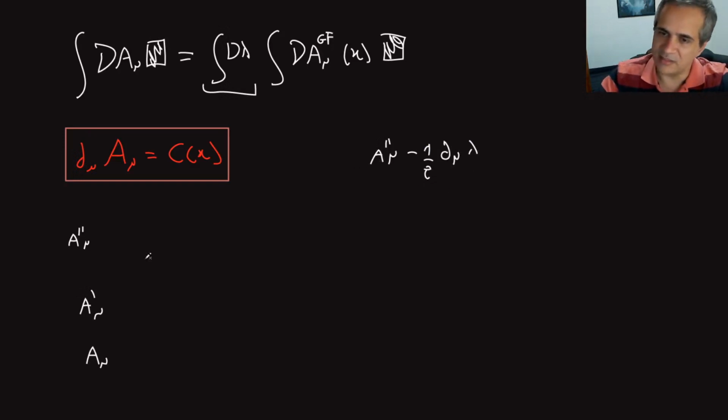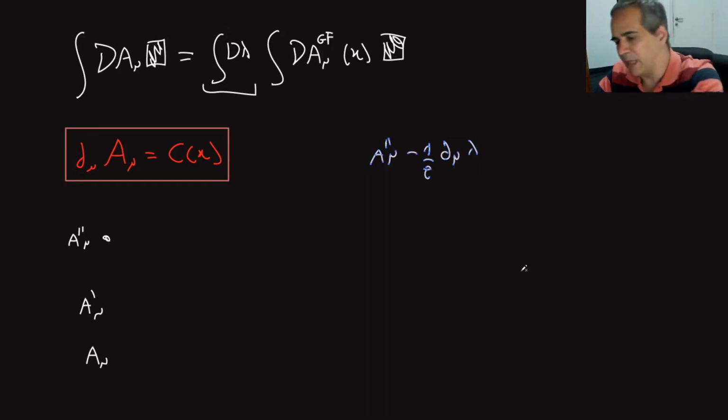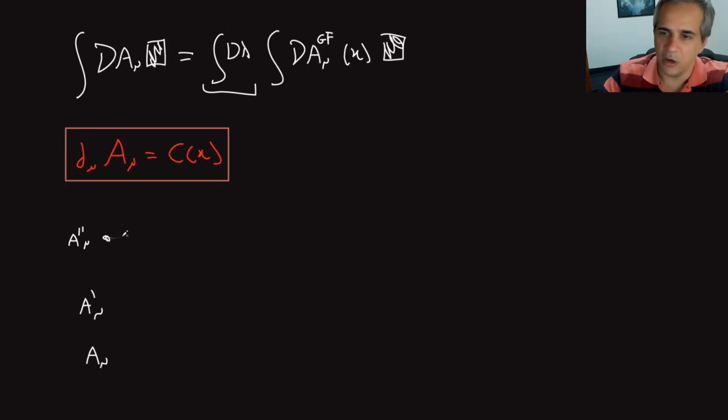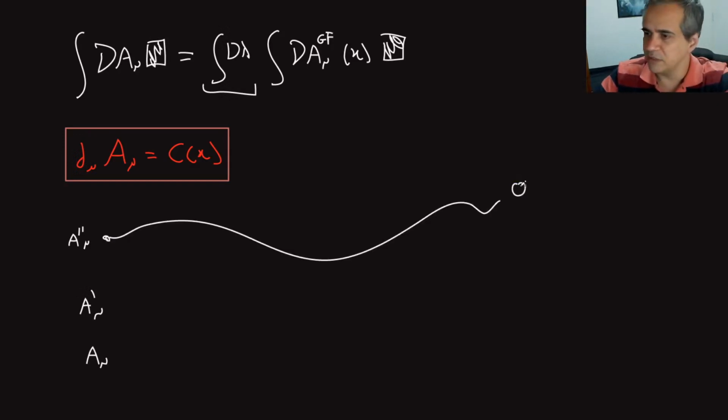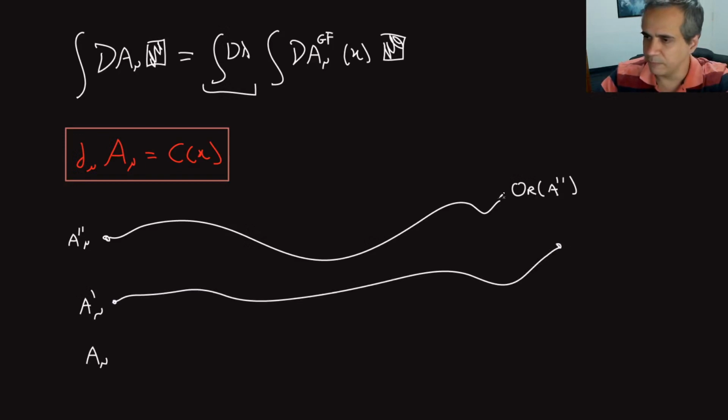The set of all configurations which are related to A mu prime prime by some gauge transformation, I call the orbit of A prime prime, right? And then I can define this orbit for the other guys, right?